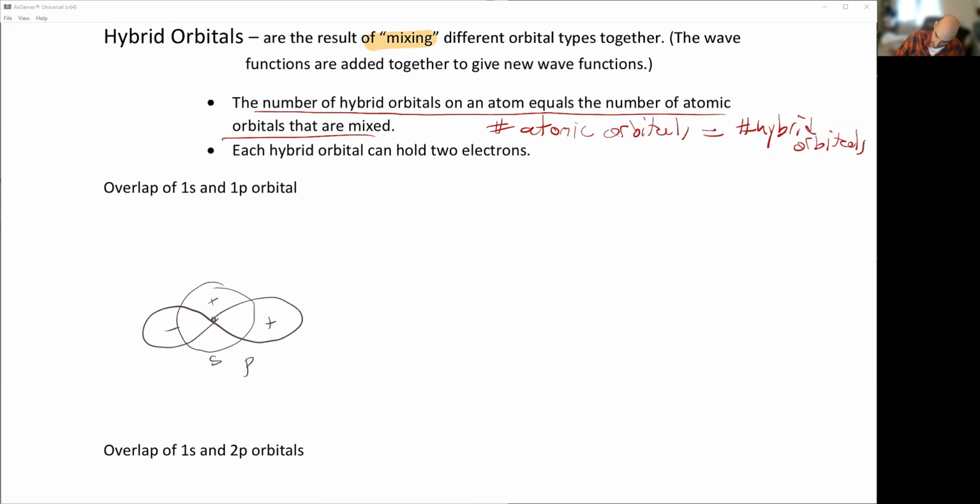I'm combining my s and my p. So an s plus a p orbital. What is the combination of those two orbitals? So first of all, if I have two atomic orbitals that I'm combining, how many hybrid orbitals should I get? Well, 2 in, 2 out. We should get 2 hybrid orbitals out, okay?